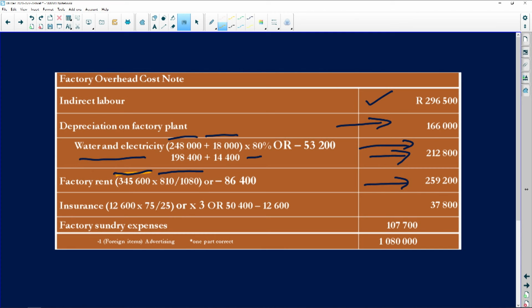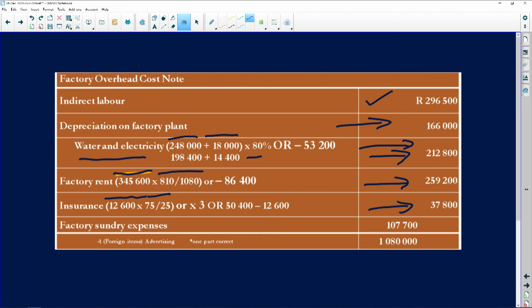Can you see? 12,600 times 75 over 25 would give you the amount that is applicable to the factory, which is your 37,800. So the calculation here is important.